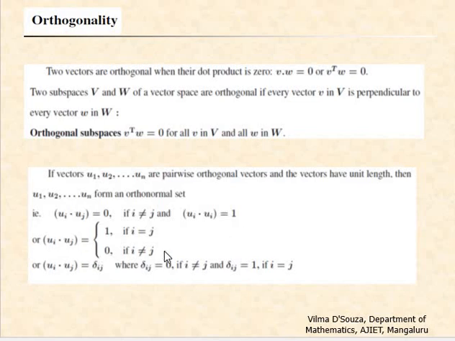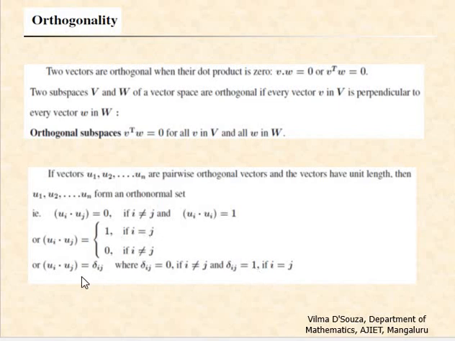Or you can also write it as ui dot uj is equal to 1 if i equal to j and 0 if i not equal to j. Or the same thing in a different form, ui dot uj is equal to delta ij, where delta ij equal to 0 if i not equal to j and delta ij equal to 1 if i equal to j.